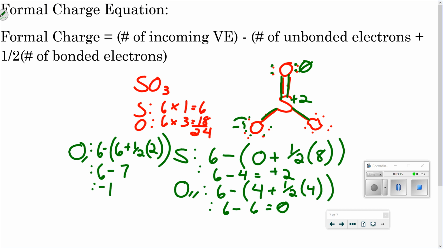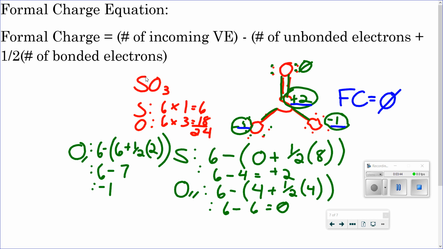Both of these are going to have a -1 charge. We know it's a valid Lewis structure if all of the formal charges are as close to 0 as possible, or 0. And I know this one is 0 because I've got a +2, -1, -1, so the overall formal charge is 0. This is a good check on how we know our Lewis structures are valid.